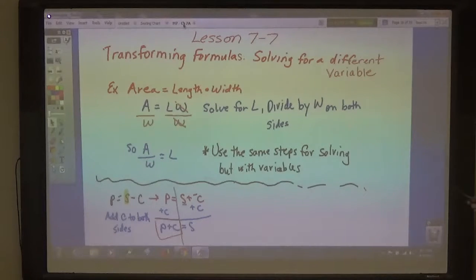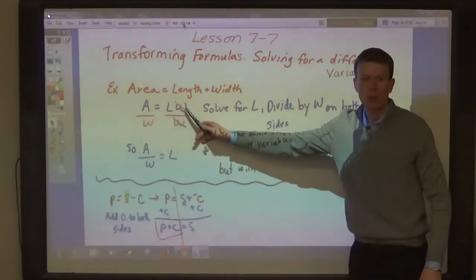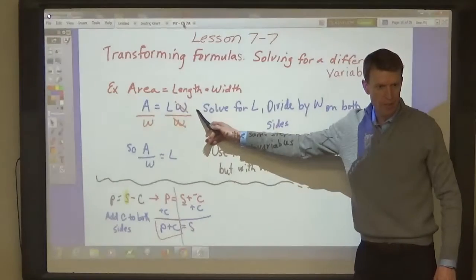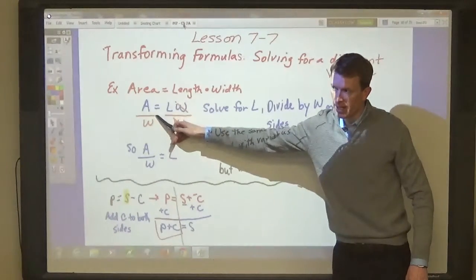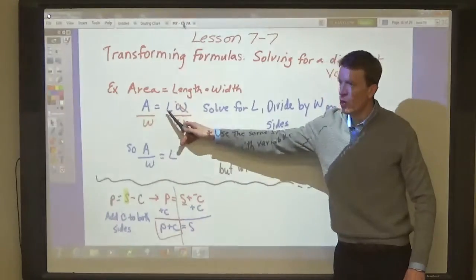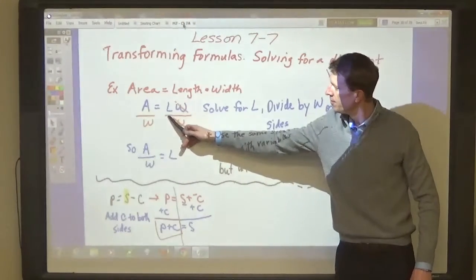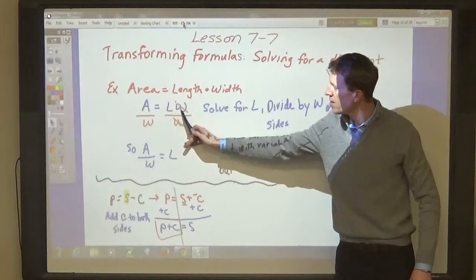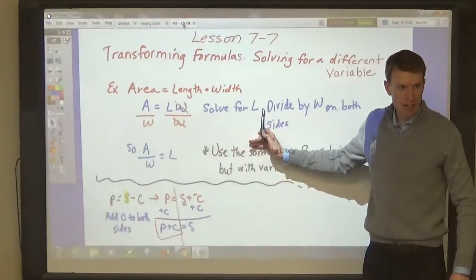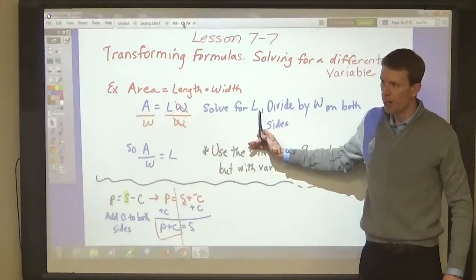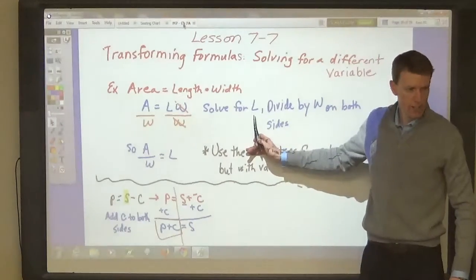Okay? So the area of a room is equal to its length times its width, right? But if we know what the area is, and we know what the width is, we could solve it for the length, to find the length if we're given the area. We could solve it and find a different answer.